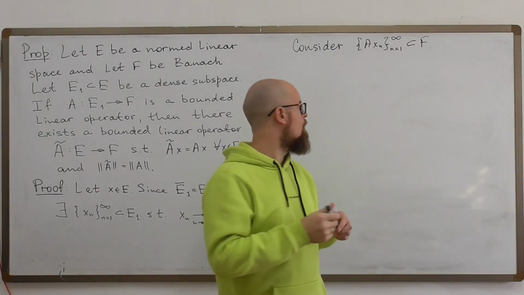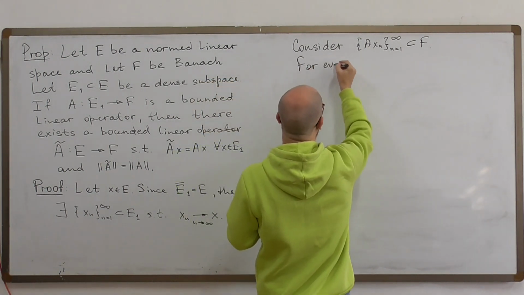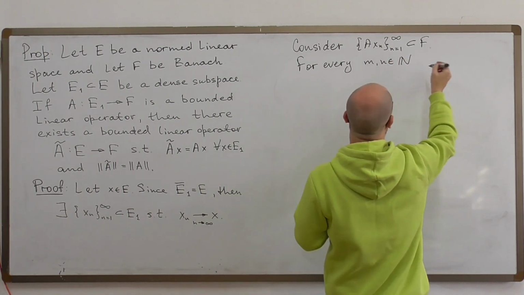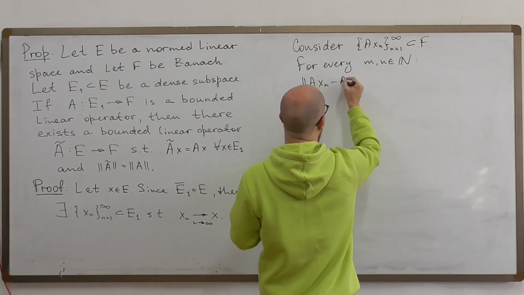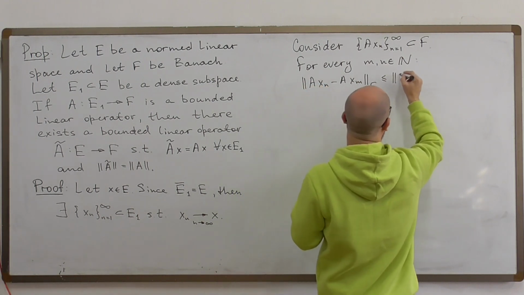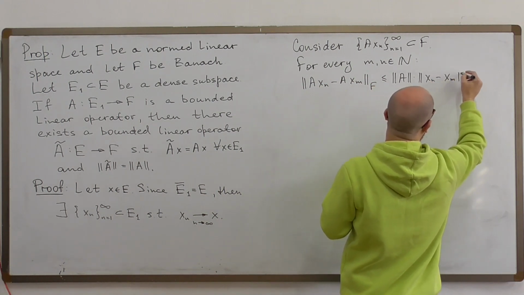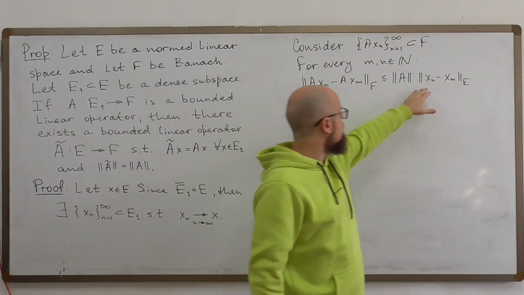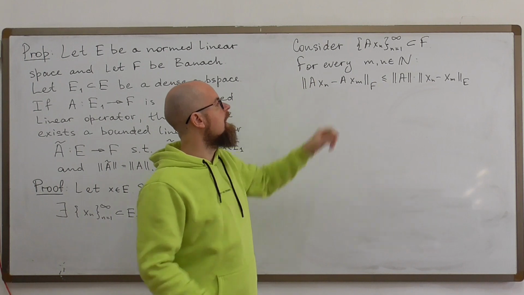Using the definition of the norm of the operator A, we have this estimate. Since the sequence x_n converges, it is Cauchy. So this estimate tells us that the sequence A x_n is Cauchy.